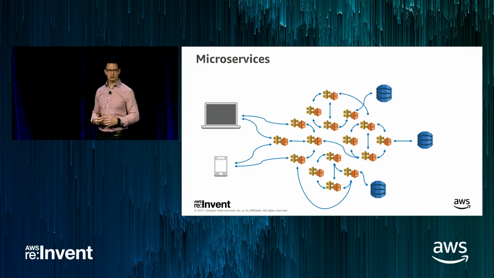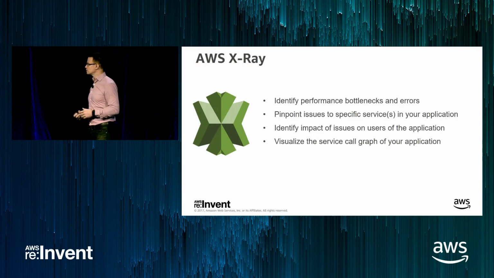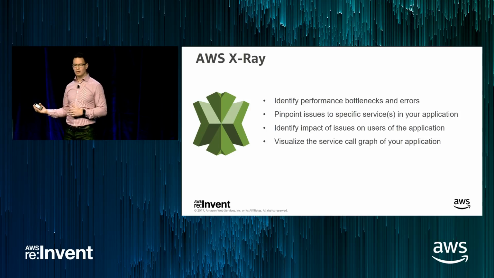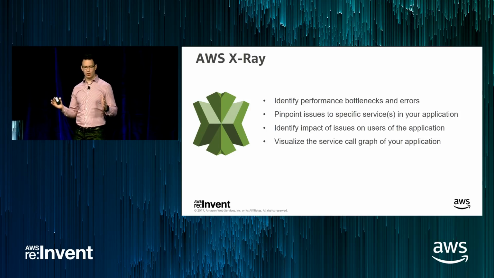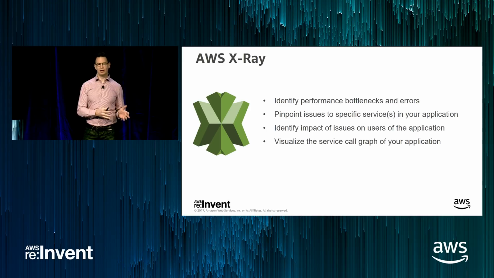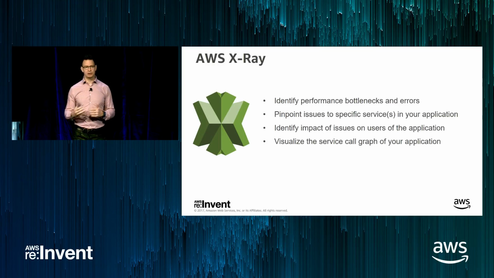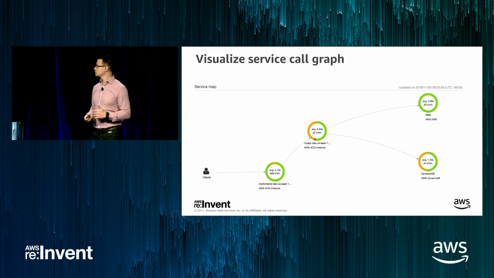And that is one of the downsides of the microservices architecture, which is why AWS has created a service called X-Ray, which enables you to get a visualization of your service call graph at any time and see what's happening in your application. It can help you to pinpoint issues and find out what different parts of your application are doing what. So this is an example.